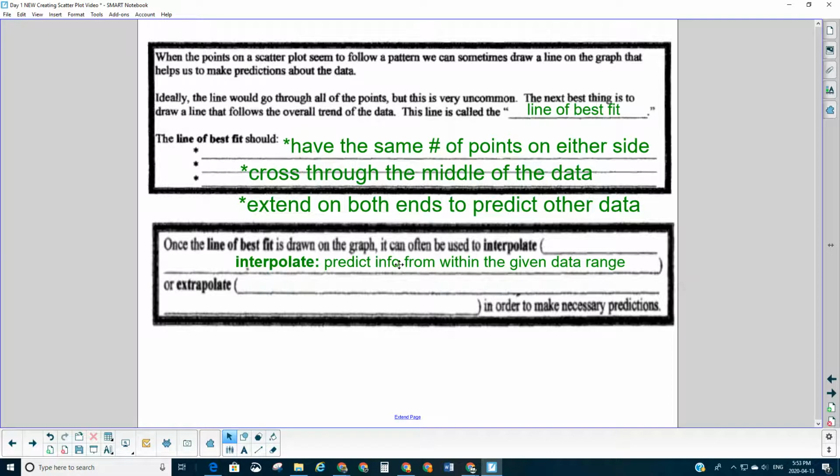You can imagine what extrapolate is. Extrapolate predicts information that is outside the data. This is one of the valuable things when you make these relationships: you can continue the pattern further than what the data suggests and look outside the data range.